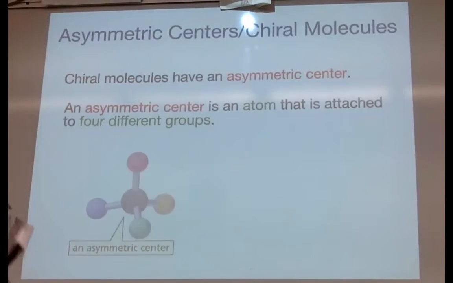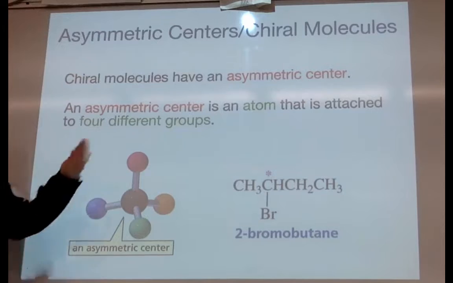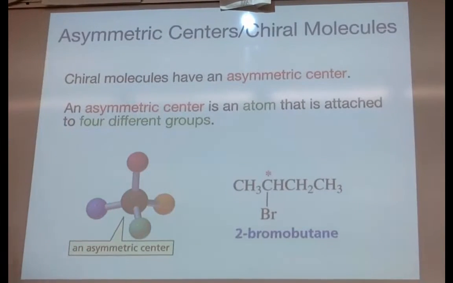And so now we're going to look at it in terms of molecules. So chiral molecules have what we call an asymmetric center. It's a chiral center. You're going to see it as asymmetric center, but we're also going to use the term chiral center when it's attached to 4 different groups.